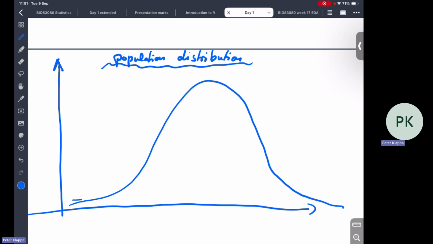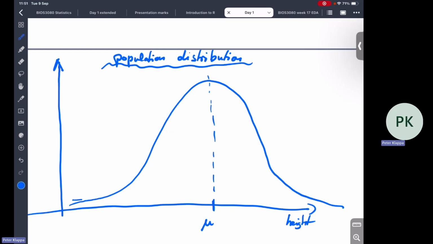What this curve tells us is, here, the top, that would be the population mean. Most people are around this mean. There are only a few people, here that would be the height, who are taller, and only a few people who are smaller than this area.